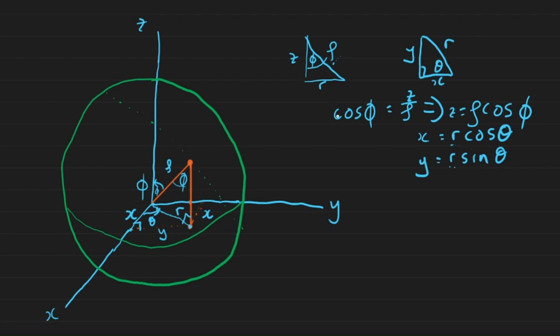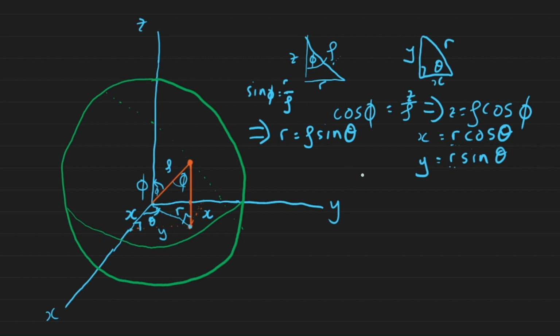It's a simple matter just to see that r is actually rho sine phi. If we take sine of phi, it is the opposite over the hypotenuse. That's just r over rho. So r is equal to rho sine phi.